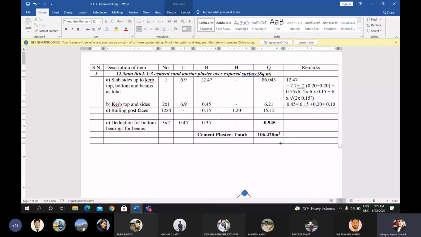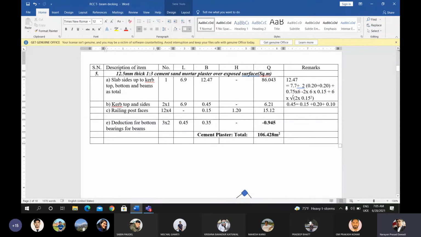That is hidden by the road metal surface, and for that portion you should not plaster. So this is the plaster quantity as 106.428 square meter.